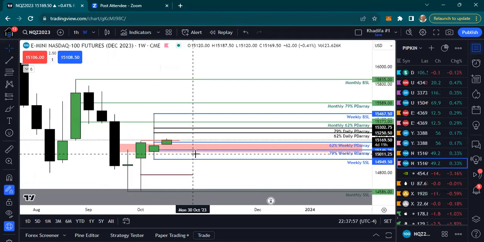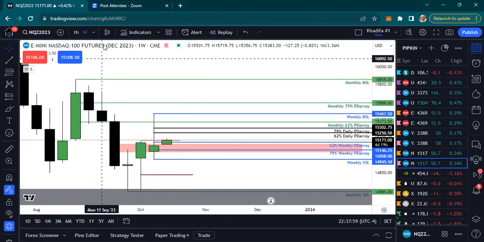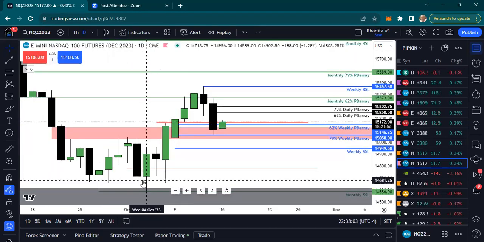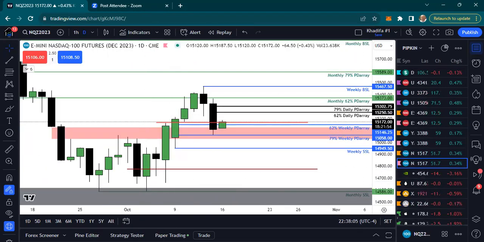So that is what I have for futures going forward, ladies and gentlemen. And that will conclude the New York session pre-week analysis.